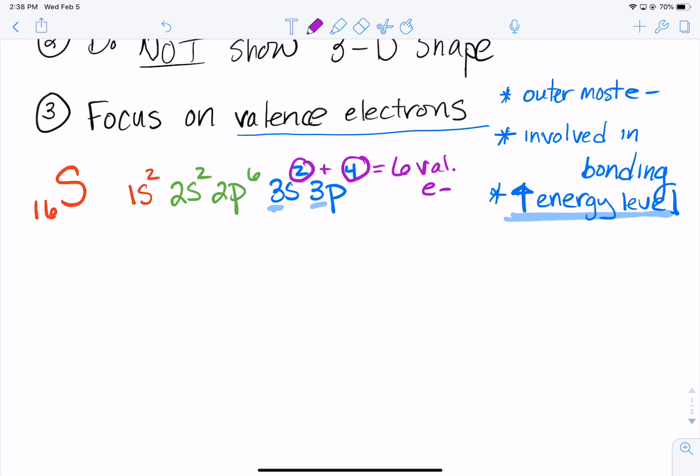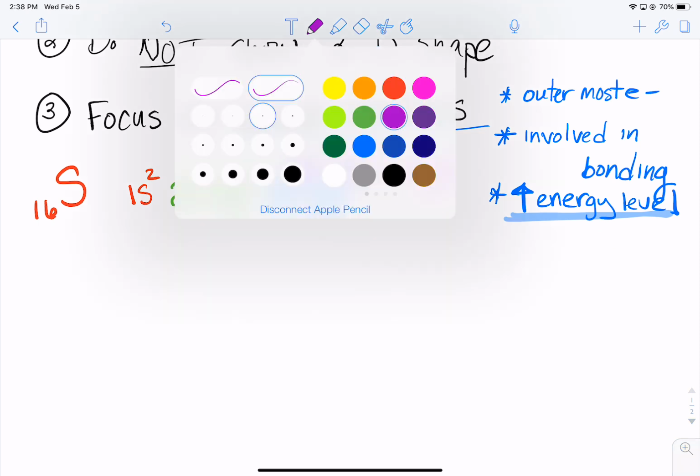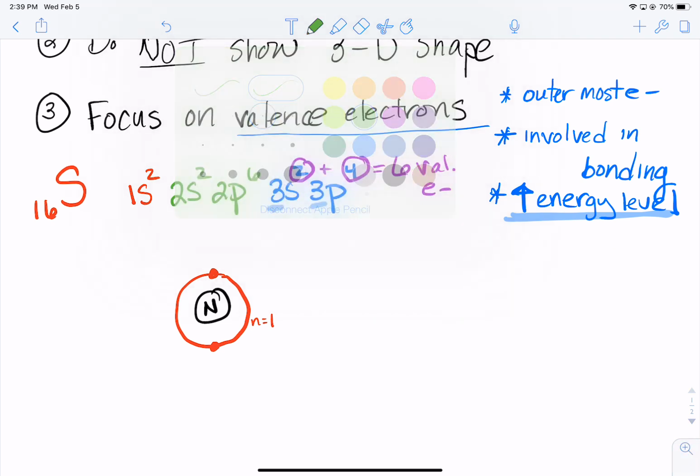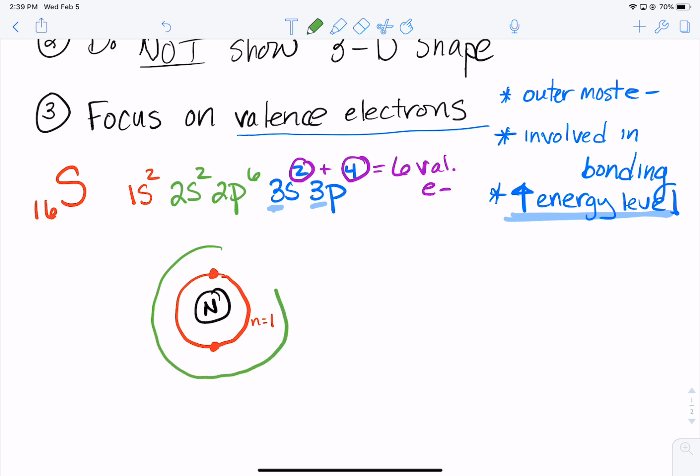Now I'm going to draw one more picture that you recognized. I talked to you guys about Bohr's model, but here's our nucleus, the first ring is n equals 1, right? And we've got 2 electrons in n equals 1. And then we'll make the second level green. How many electrons are in n equals 2? 8.